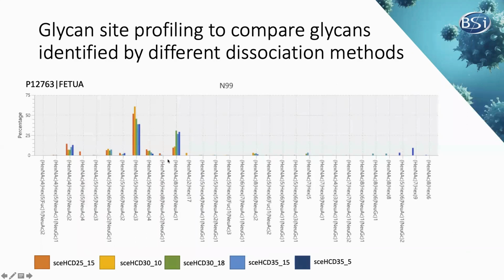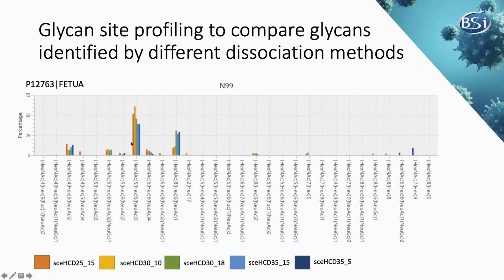Another way to look at this data is if you want to compare the glycans that are identified across the different dissociation methods, we have the glycan profiling tool where you can select different glycans as well as a specific residue or glycosylation site within a protein, and see whether there are differences between the dissociation methods in terms of detecting different types of glycans at that site.